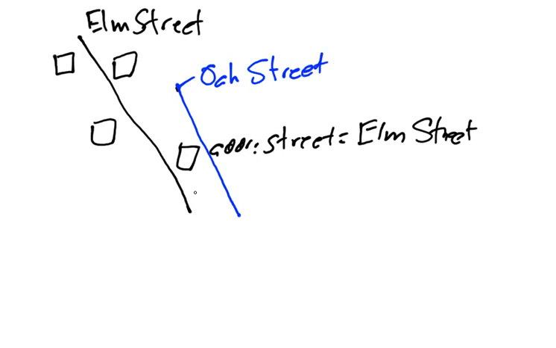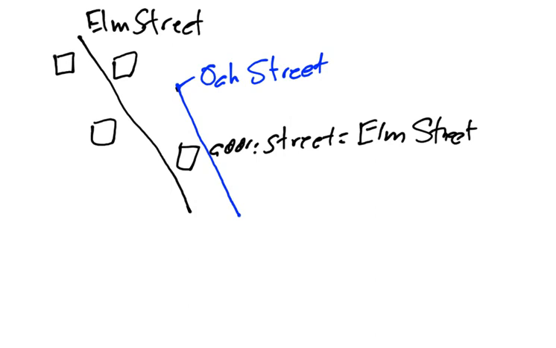The navigation software may not think about it that way, and may just end up looking at the street that's closest. And you can see, and let's just say that this Oak Street was a little bit closer to the house. But we want to absolutely make sure that relationship between Elm Street and this house, that these two objects are associated.